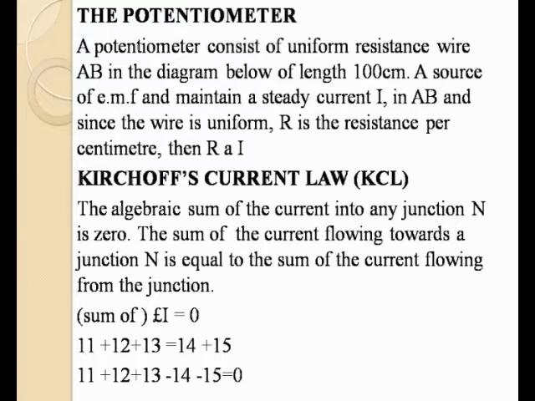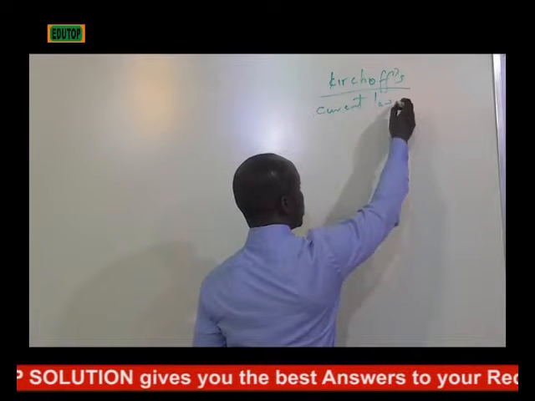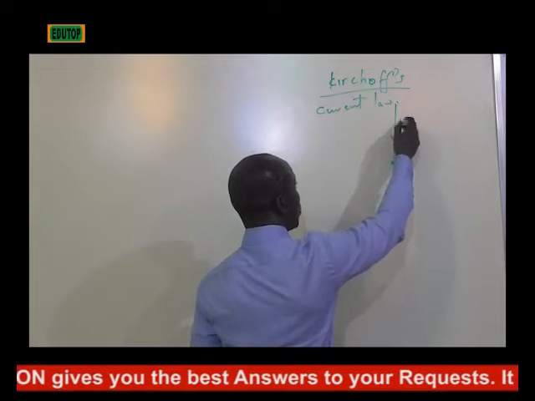Now let's proceed to Kirchhoff's current law. What does the law state? The algebraic sum of the current flowing into any junction is 0. Do you understand? Now, the sum of the current flowing towards a junction is equal to the sum of the current flowing out from a junction. Now, when I say a junction, this could be a junction. Some currents are actually coming in.